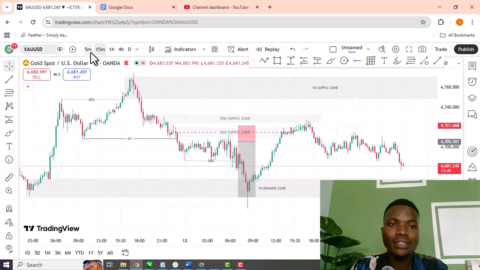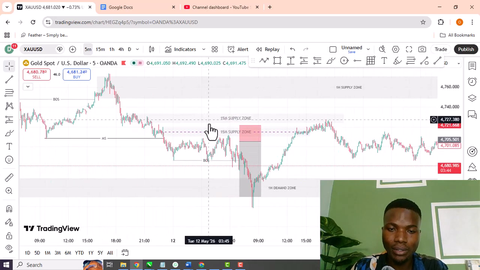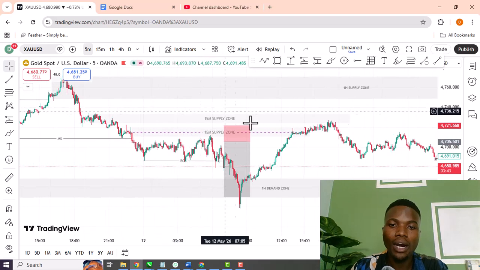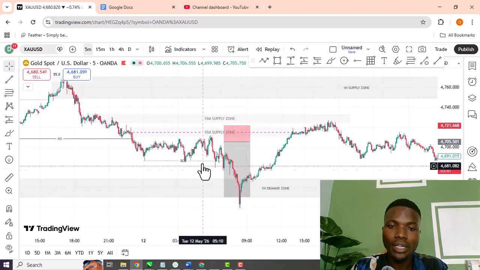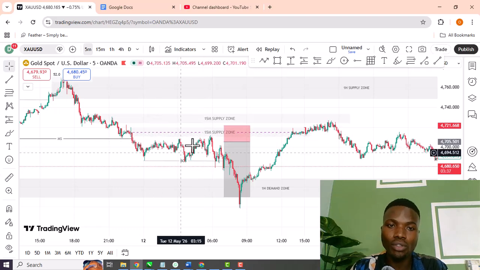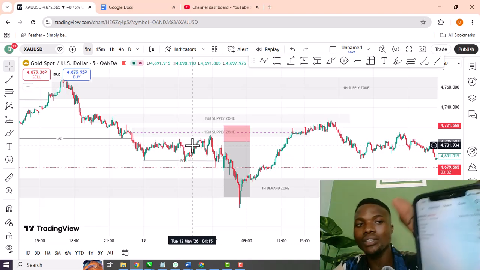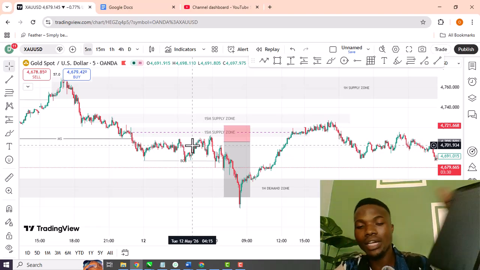When I realized that I didn't set my TP, I envisioned that probably price would come all the way to this 15-minute zone, and the loss that I had yesterday is $17.